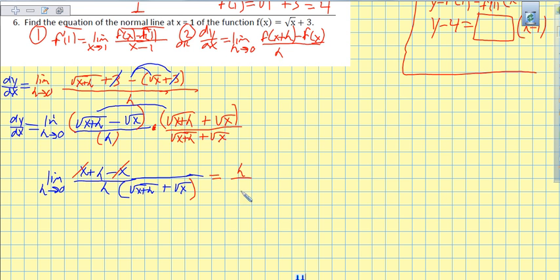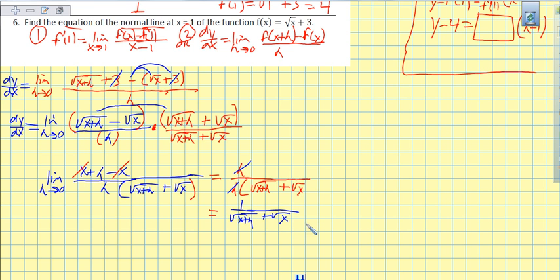We have h over h times the quantity square root of x plus h plus the square root of x. And if we plug this in, first we have to simplify it, and we get 1 over square root of x plus h plus the square root of x.